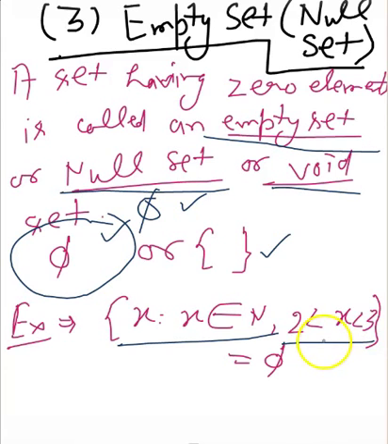Can you find any natural number between 2 and 3? 2 is a natural number, 3 is a natural number, but there is no other number between 2 and 3. So there will be no element in this set, and this set would be an empty set or null set.